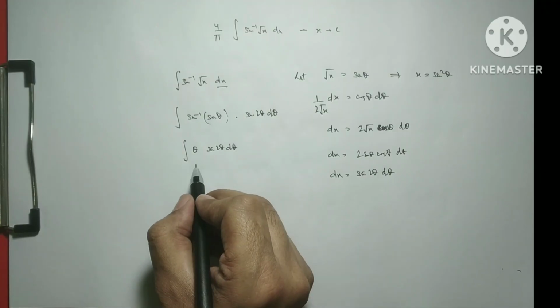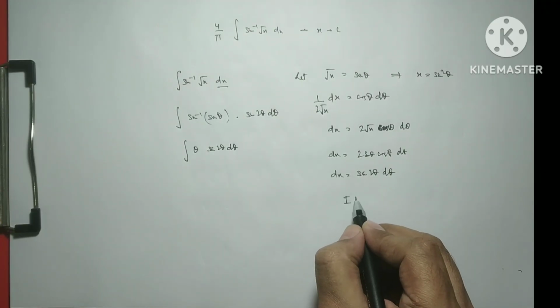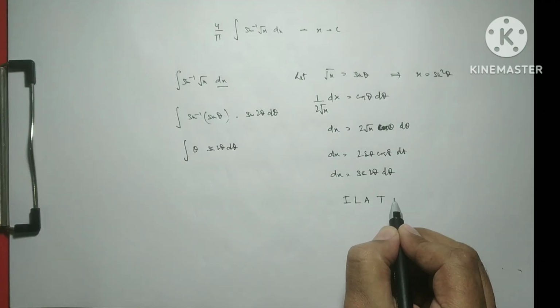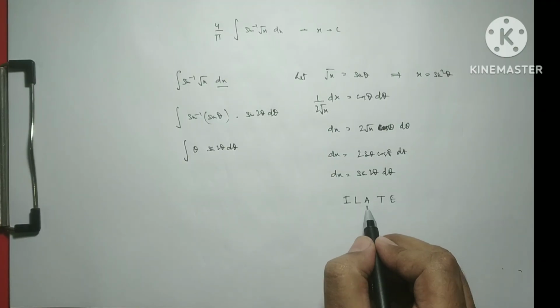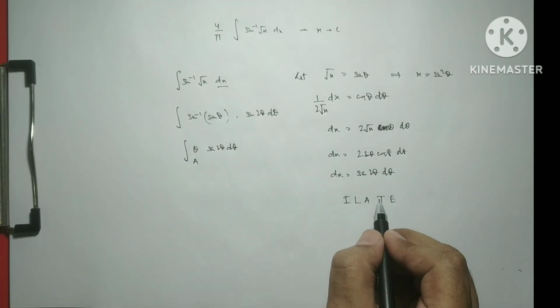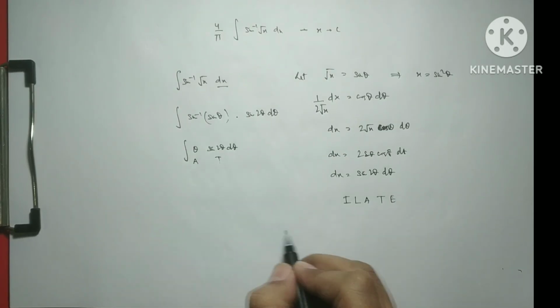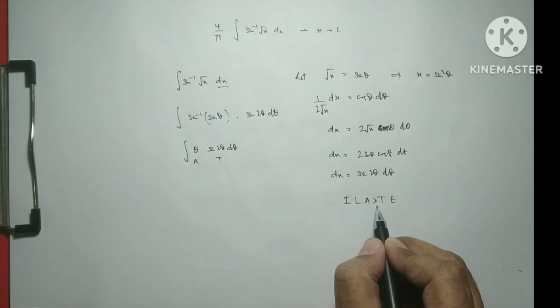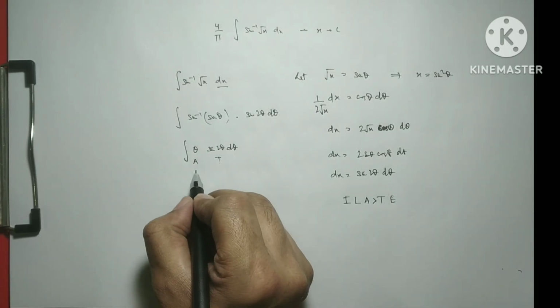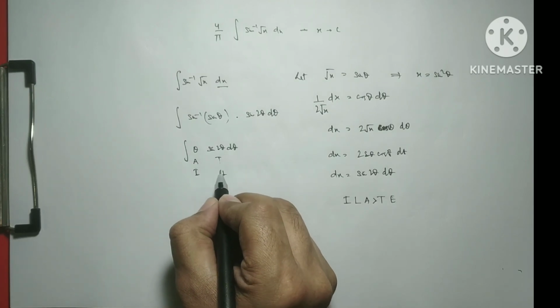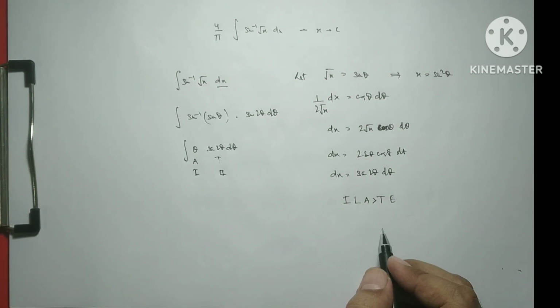So right now we use ILATE. According to ILATE, we have two functions, algebraic and trigonometric. According to this, the algebraic function has higher priority, so it is the first part and this is the second part. Now we use the by parts method.